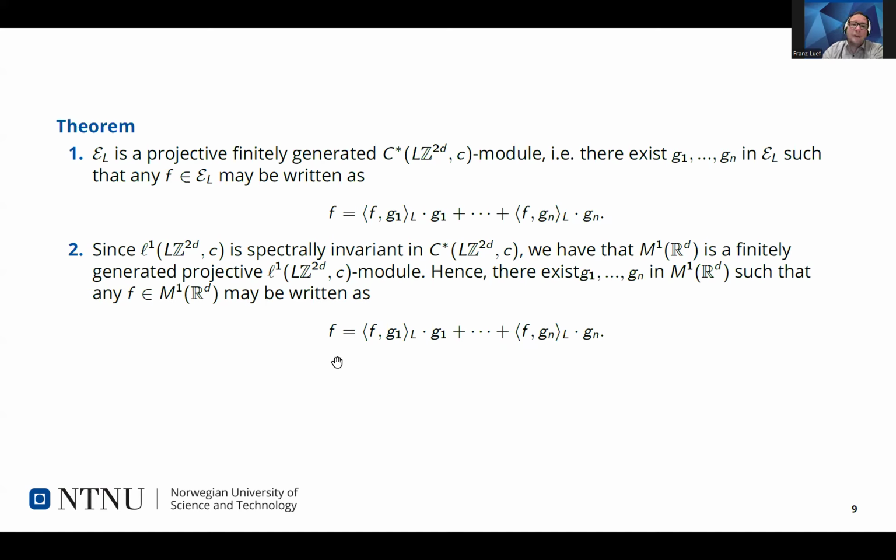And since this twisted L1 of this lattice is spectrally invariant in this twisted group C star algebra, you get that you can actually pick the windows as the generators in this Feichtinger algebra. And so every f in the Feichtinger algebra has this description.